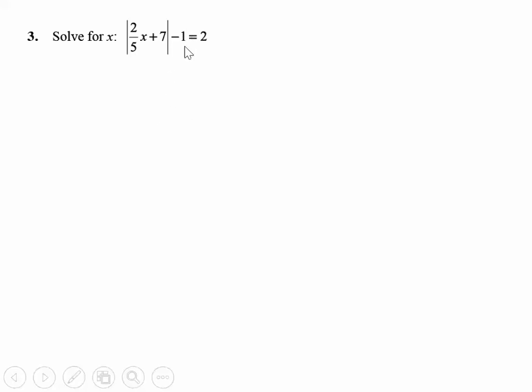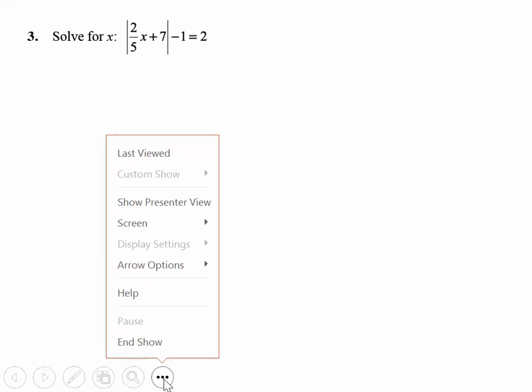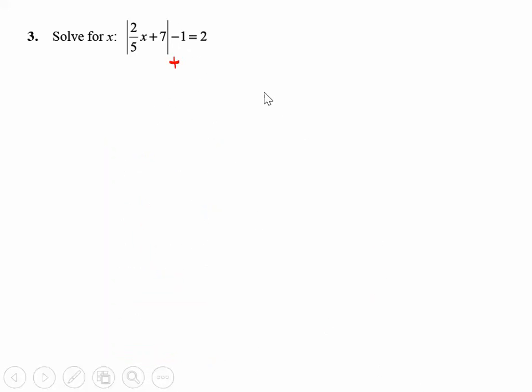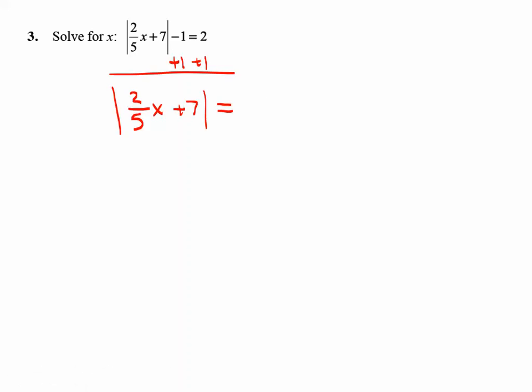Notice that little minus 1 right over here. We can't do anything until the absolute value is all by itself on one side of the equal sign. So no changing anything. The absolute value has to be by itself, or else we can't even do the problem.